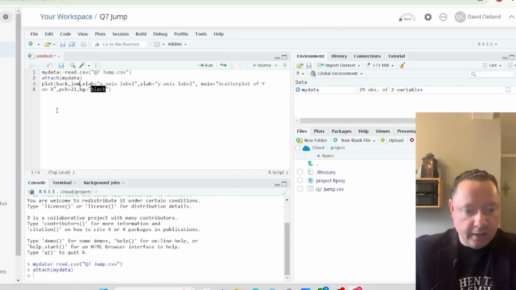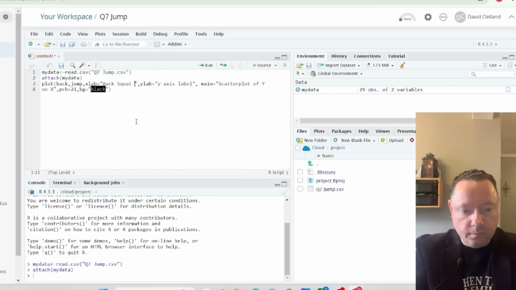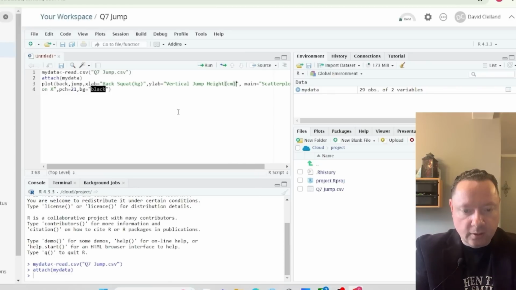You can check the data anytime you want to see what the variable name is. xlab is the X axis label, so we want a label for the X axis, back squat, I think it's going to be in kilograms, and ylab, the Y axis label, vertical jump height, I think that'll be in centimetres.